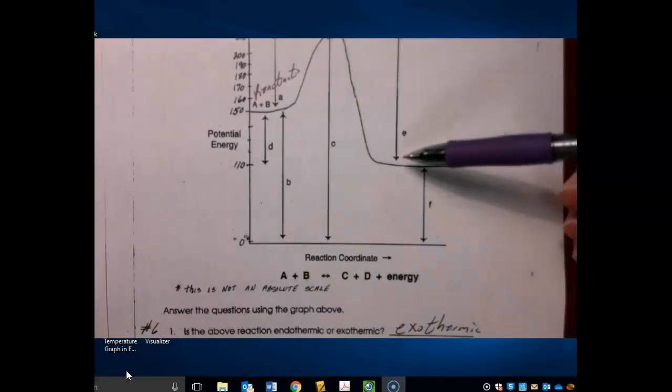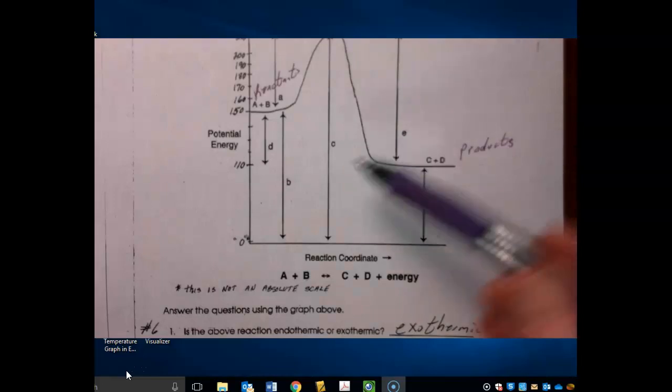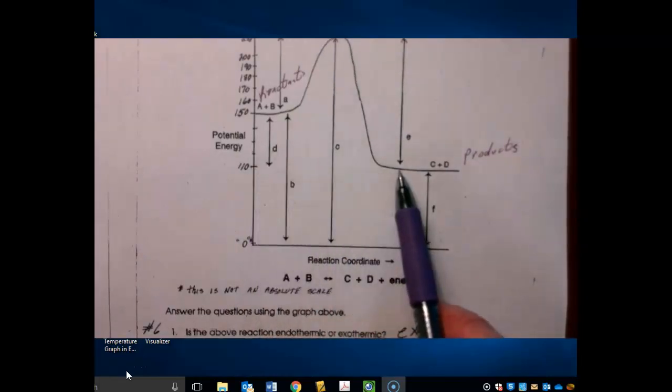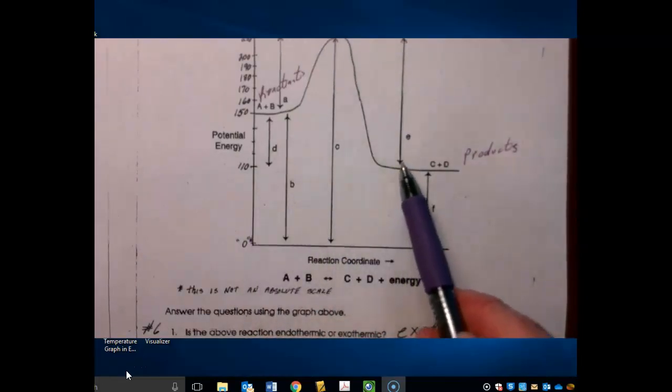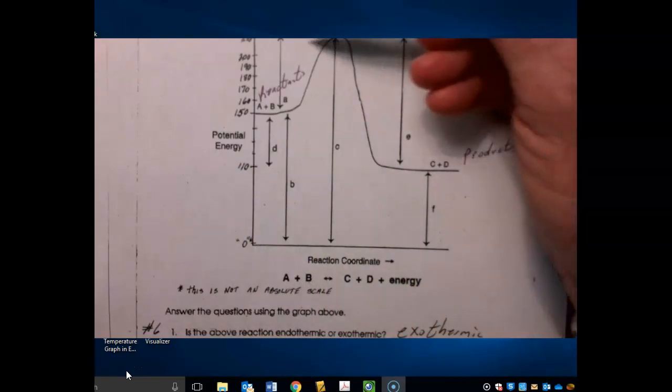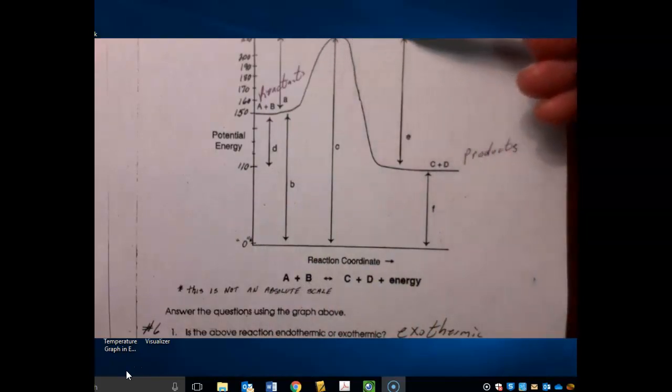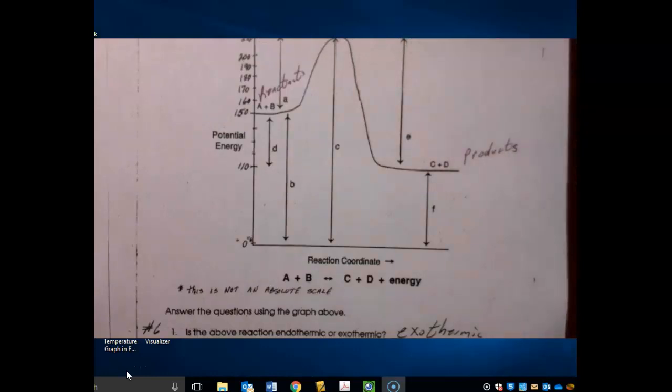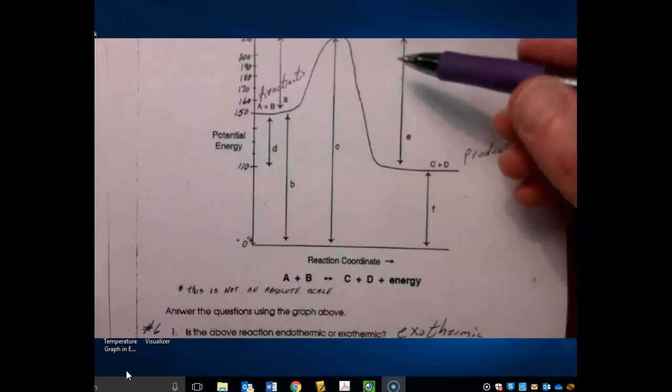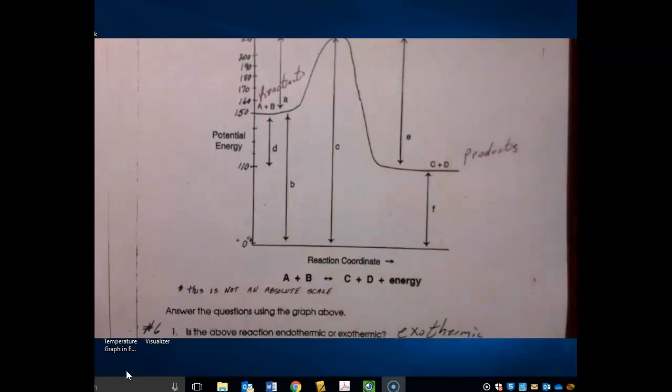And the value of E would be: 110 is where you're starting from, and 210 is where you're going to. So that is a difference of 100.